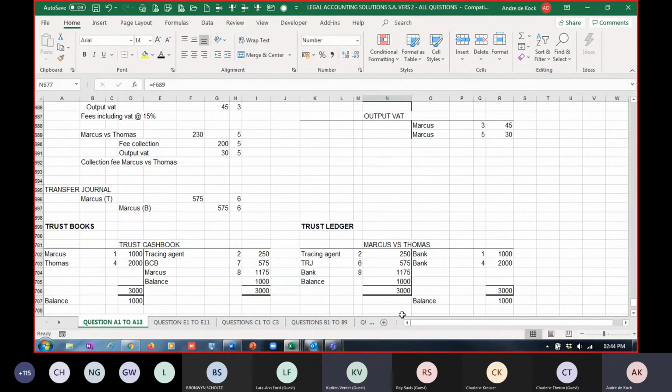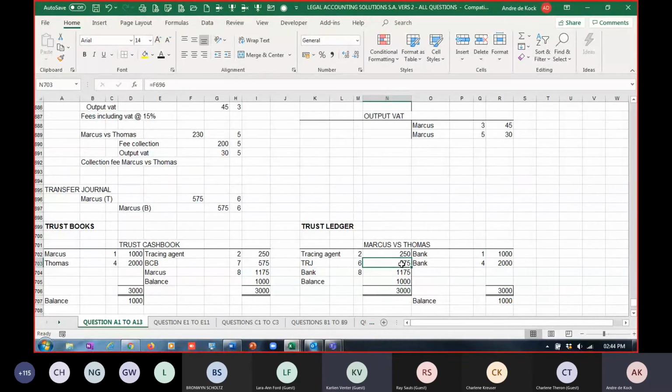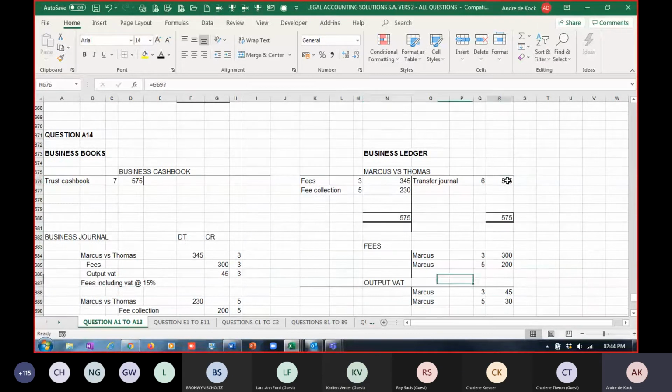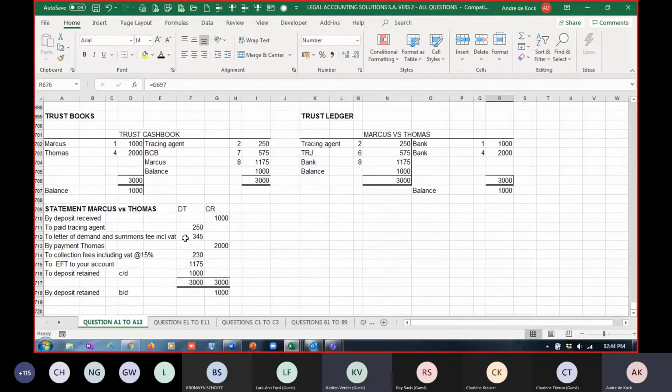But what I don't bring into the statement is that 575 debit and that 575 credit, because it's internal, and one cancels the other one out. If I put that 575 over here, he's going to wonder what these two 575s are, and phone me and waste my time, which I could be using to charge clients and get my work done. Okay, thank you. Pleasure.